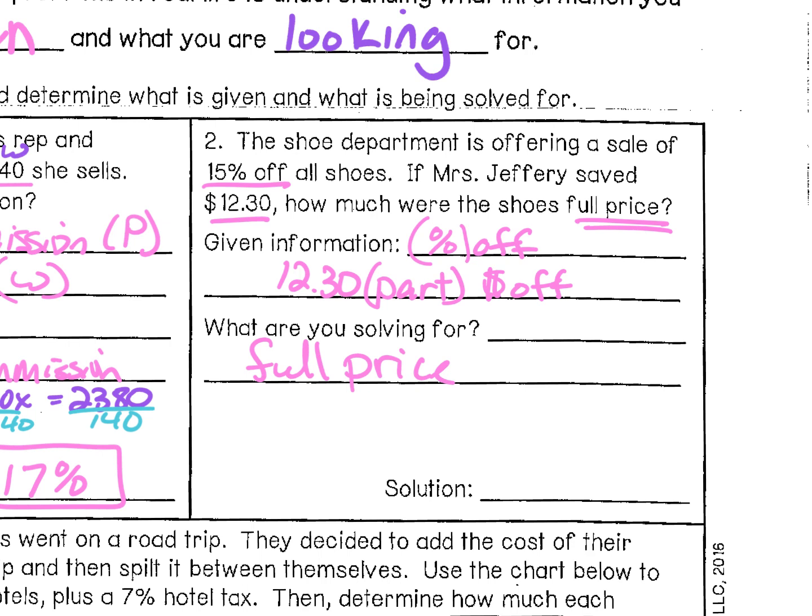Okay, so go ahead and set it up. Okay, again, you're doing percent over 100 is equal to part over whole. It's 15%, $12.30, and then our X. We're going to cross multiply.